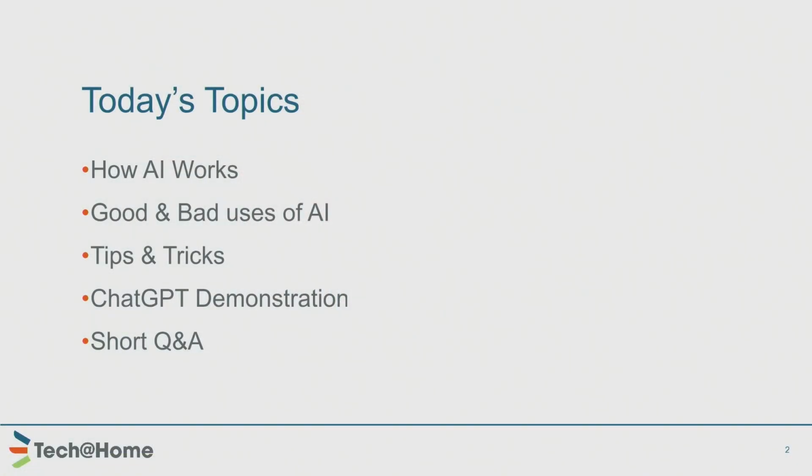Some tips and tricks on how you can use AI for your benefit and to stay more safe while using AI. I will do a brief demonstration on one of the AI tools, one that you've probably heard of called ChatGPT. And then we'll have a short Q&A section where you guys can ask any questions from the audience. So as you listen, feel free to come up with some questions.